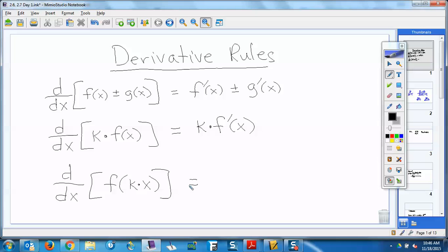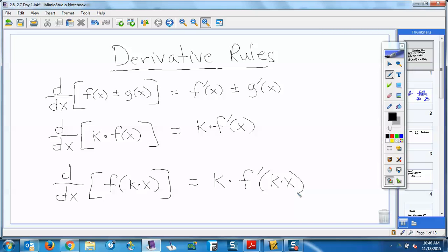And it makes them twice as much, so you have to multiply the slope by that amount as well. So we kick out the k, and then we do the derivative and leave the k in as well. So the derivative of sine 2x would be 2 cosine of 2x. All right? So those are some rules we've already kind of talked about.